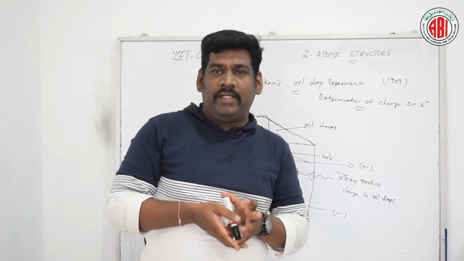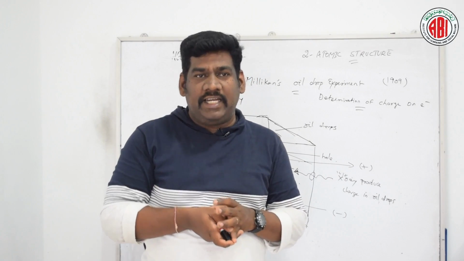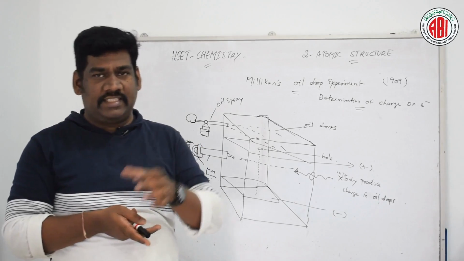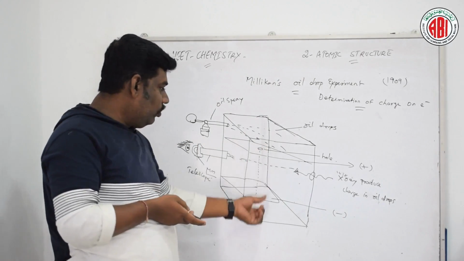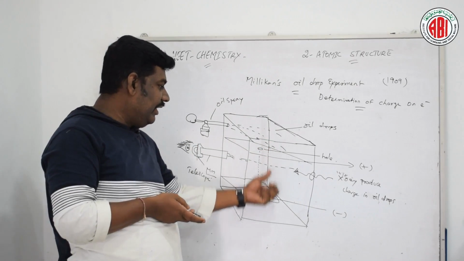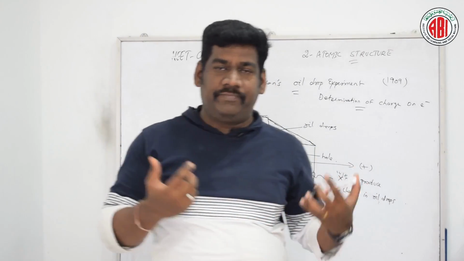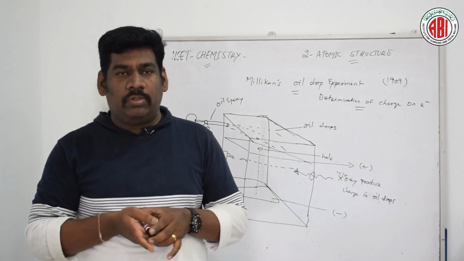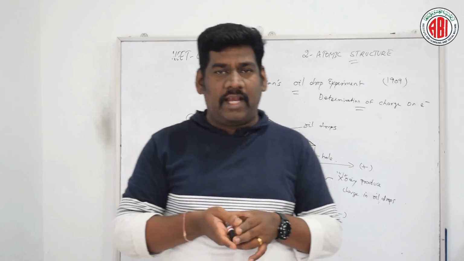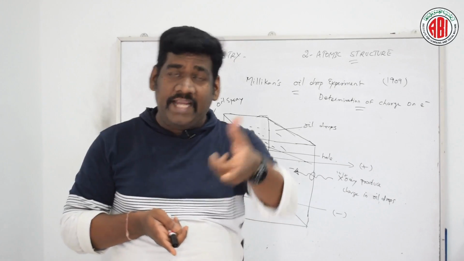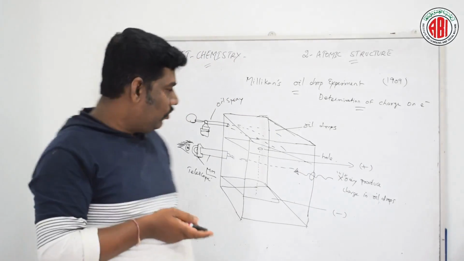So by adjusting the electric field strength between the positive and negative electrode plates placed in the apparatus, the oil droplet can be made to go against the gravitational force.